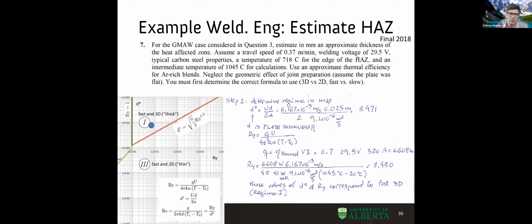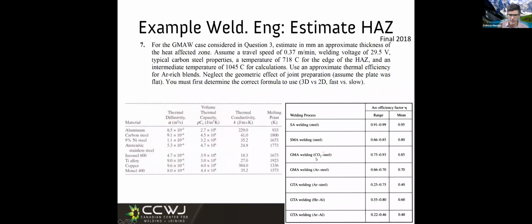I'm not going to do this for the exam, but you realize that if you don't have it, you can start guessing the voltage using the formulas for voltage we already discussed, times current. And I didn't put the current here, but the current was 320 amps. And the thermal efficiency for MIG, argon rich, we already discussed, about 0.7.